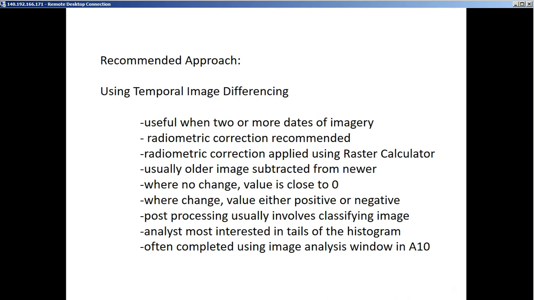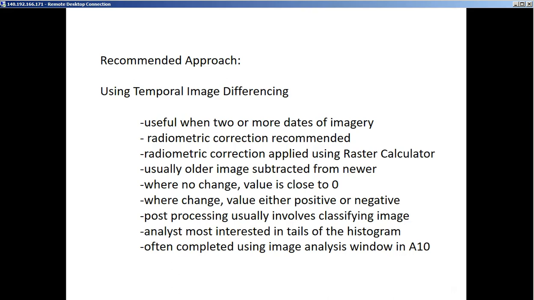Assuming that we've done a good radiometric correction, where there's no change, the value is going to be fairly close to 0. It may be shifted a bit off of 0, but the value where there's no change is going to be fairly close to 0. Where there is change, the value is either going to be positive or negative.